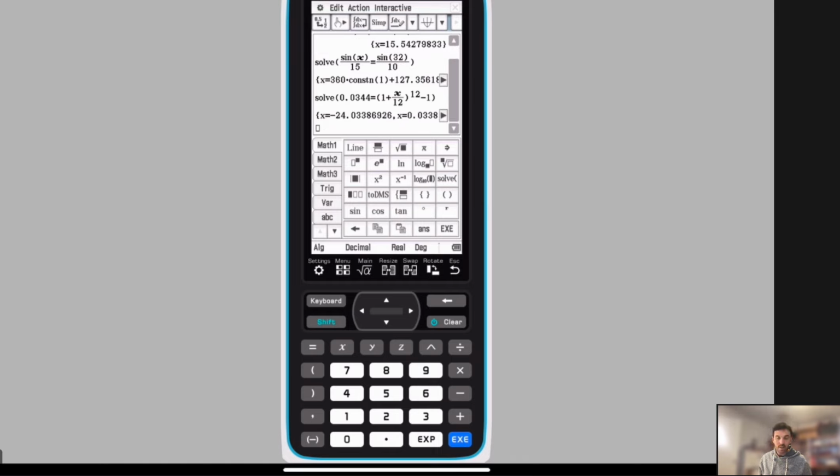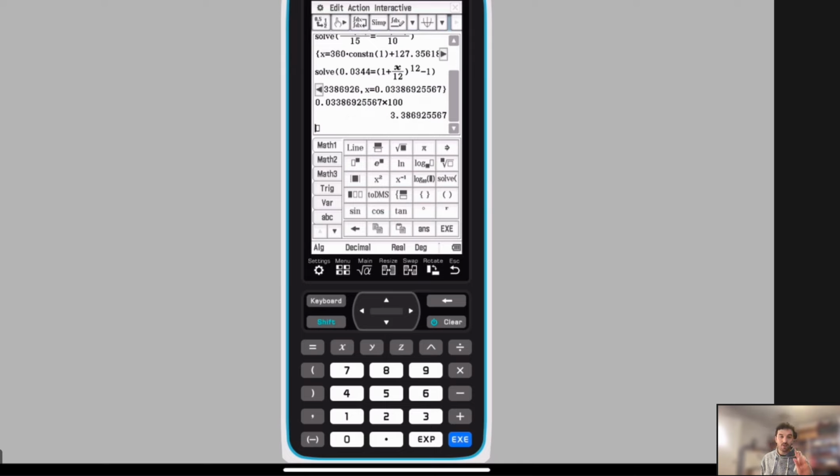And we get 2 answers. Now, obviously 1 is ridiculous. You can't have a negative interest rate like that. So we're going to choose x, which is our 0.0338. Just here, and you can press the cross arrow and get more of it. What I'm going to do is pull out this number here, bring it down and times by 100 to make it a percentage, and then find it to 2 decimal places.